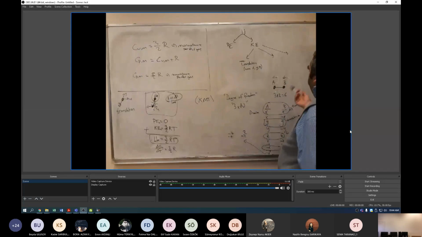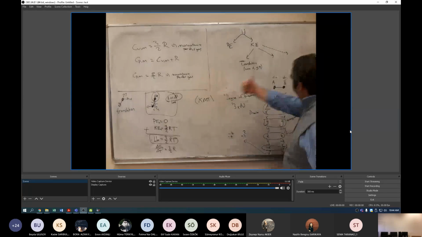So this is also translation on X. So actually they are both negative or positive.